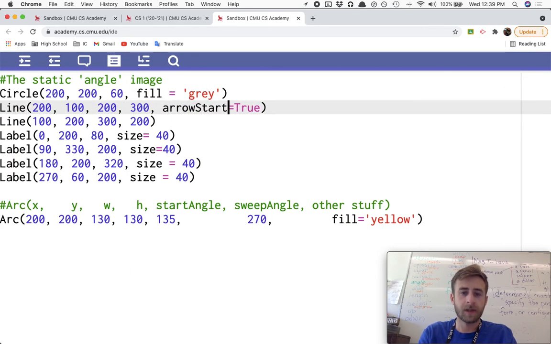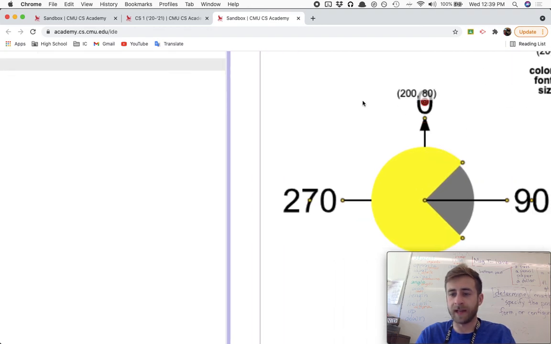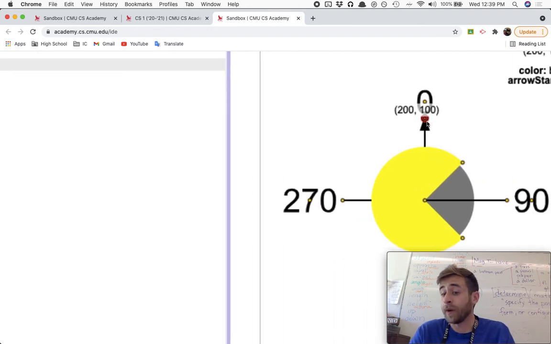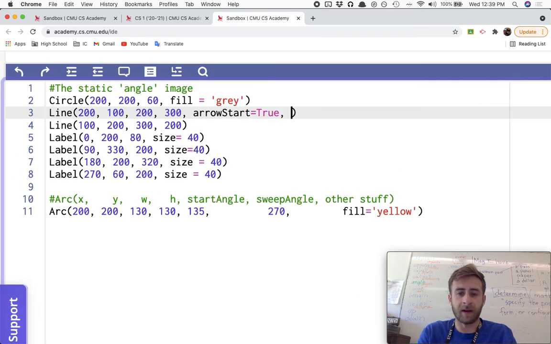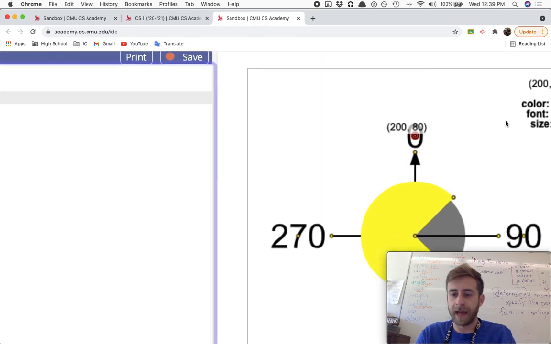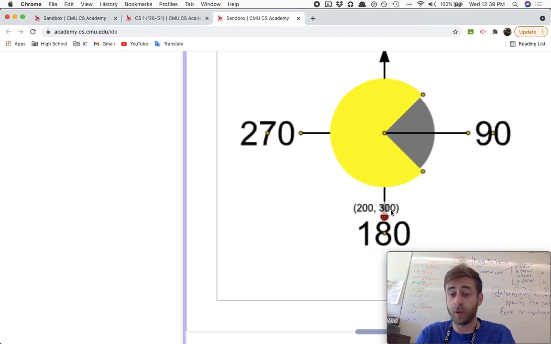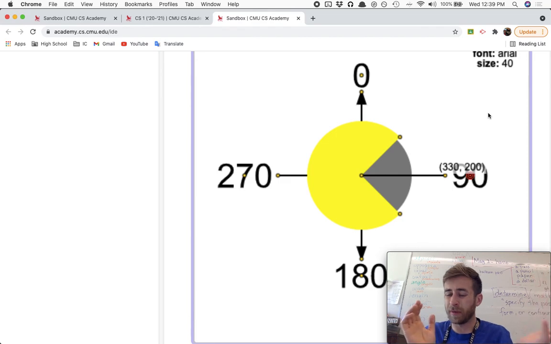Arrow start equals true, and then it'll create an arrow at your x1, y1 coordinates. If I do an arrow end equals true, well, that will create an arrow then at the x2, y2 coordinates of your line. Just a bonus little thing you can do with lines.